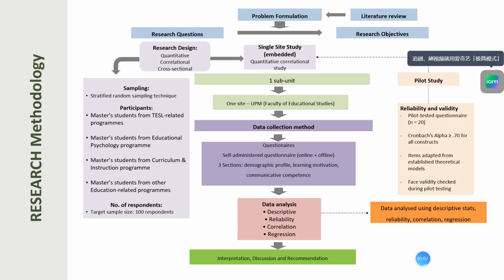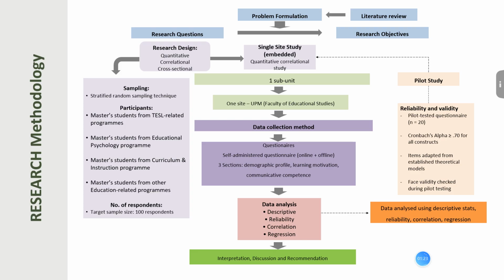For sampling, this approach is stratified random sampling across relevant groups, and the data is collected using a self-administered questionnaire, both online and offline. It covers three parts: demographics, learning motivation, and communicative competence.